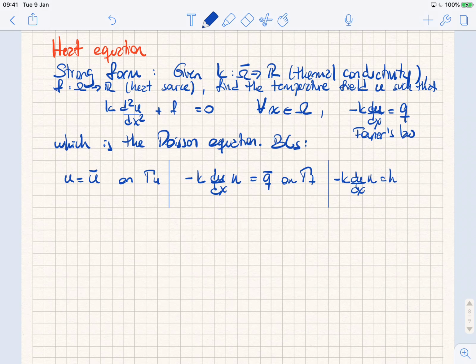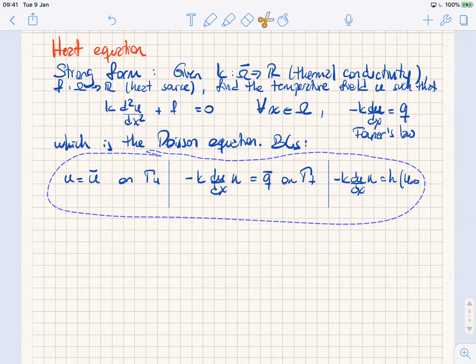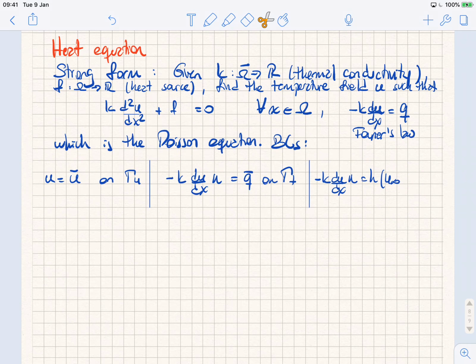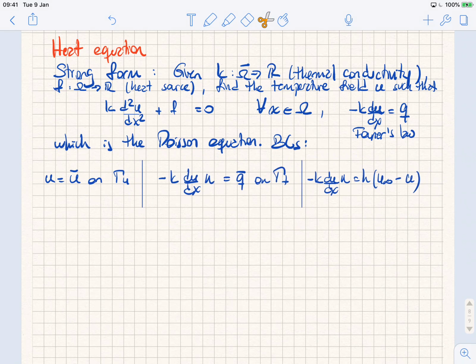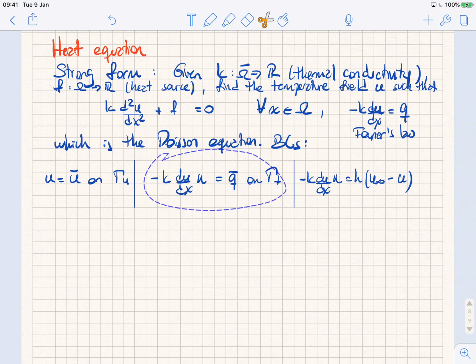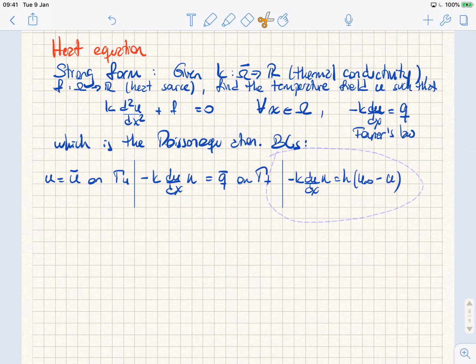And is equal to H, which is our heat transfer coefficient, and then this U infinity is the ambient temperature, which is basically your reference temperature. Gamma H. And as you see here, we have again our N, okay?